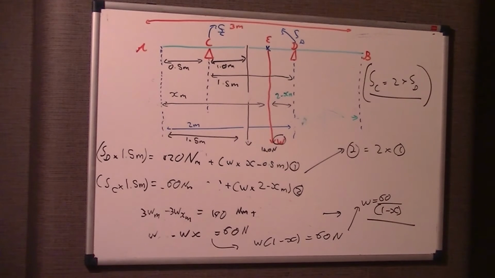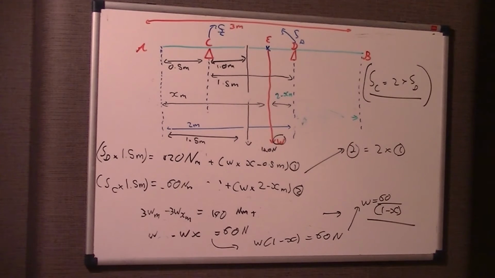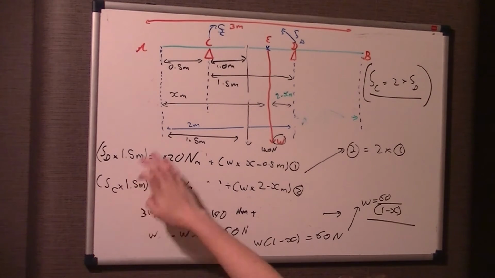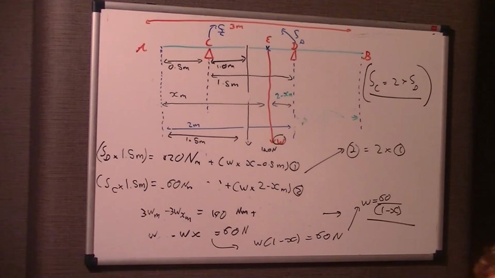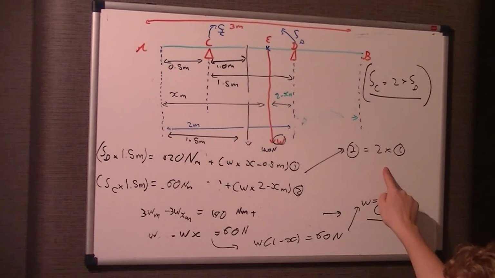So basically what we did, if you didn't quite get how I laid it out there, because I tried to keep it on one board and I probably should have made this a bit smaller. We said, okay, well SC is 2 times SD, so we ignored these 2 bits because SC and SD are both times by 1.5, so you can ignore rearranging these. And then because SC is 2 times SD, this was equal to 2 times equation 1, as it says up here.